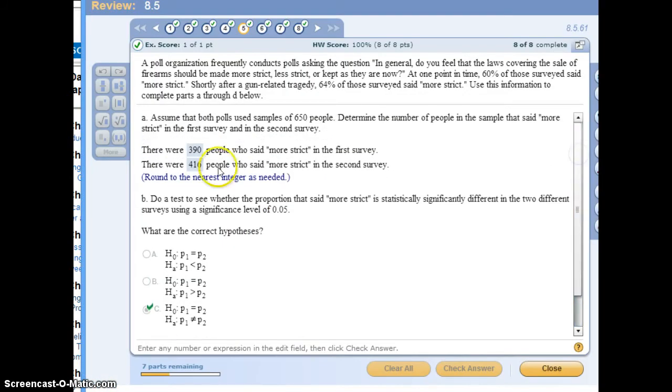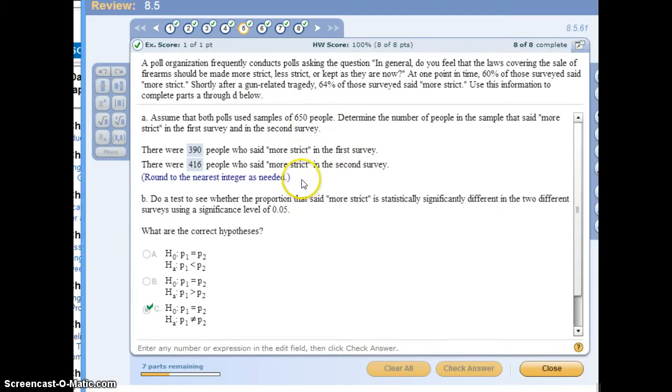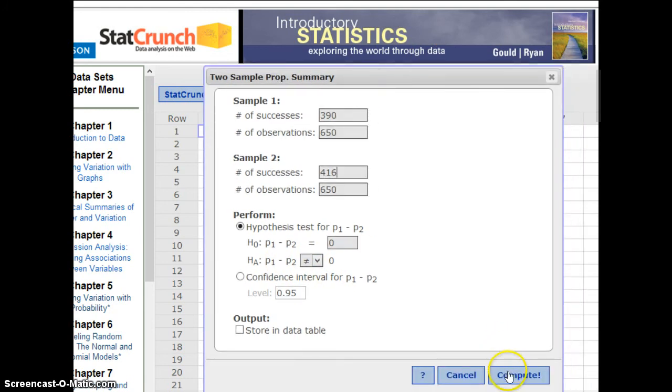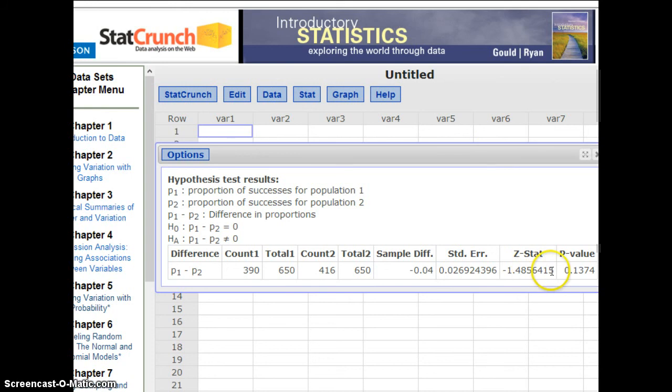We put the two numbers in as the successes, and 650 would be our observations or sample size. We check this box here. We're doing differences, so that is good for now. Then press Compute, and here's our z statistic and the p-value.